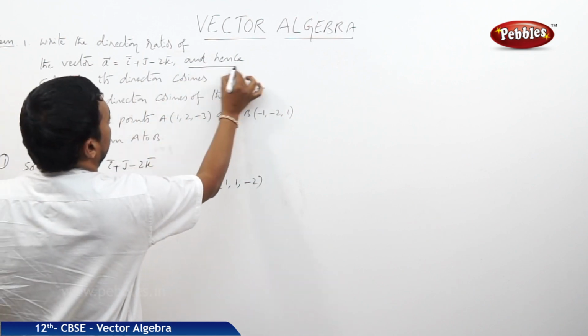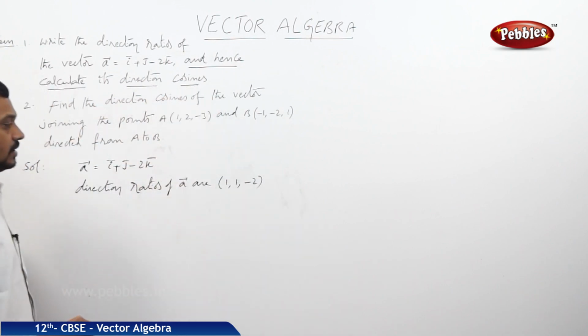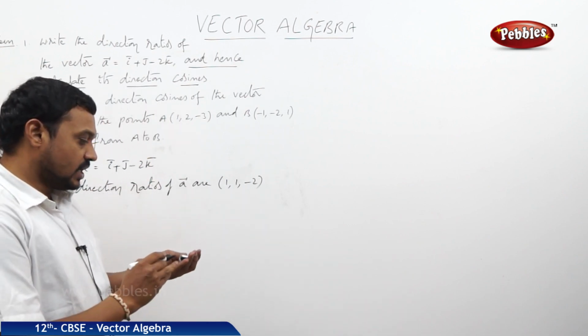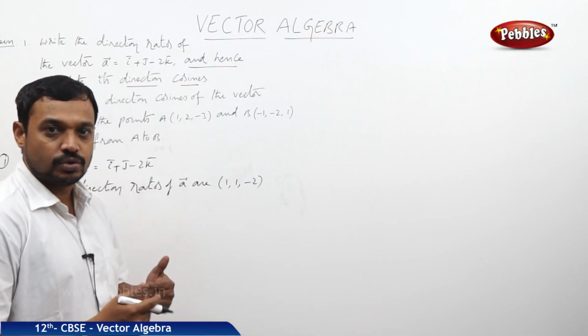Next, also calculate direction cosines of this vector. What are the direction cosines? Cos alpha, cos beta, cos gamma are called the direction cosines of any vector.